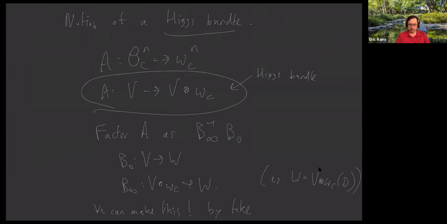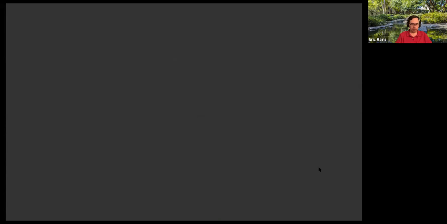which we can get by taking the minimal vector bundle W. And it turns out there is a canonical minimal vector bundle W. Okay, let me set aside for the moment why there's a minimal one.